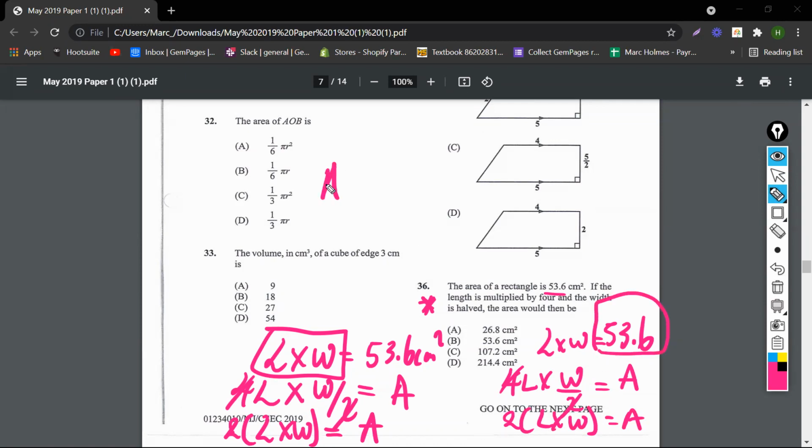So A is equal to 2 times 53.6. So the area is equal to 107.2, which is C. Cool.